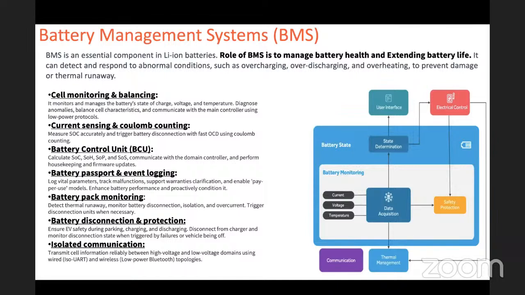So the communication becomes vital here. We get the state of charge, state of discharge, or state of health. All these will be communicated to the main console, and whatever corrections need to be done will be done automatically, and the same will be informed to the user.